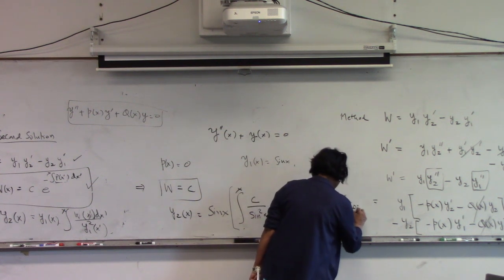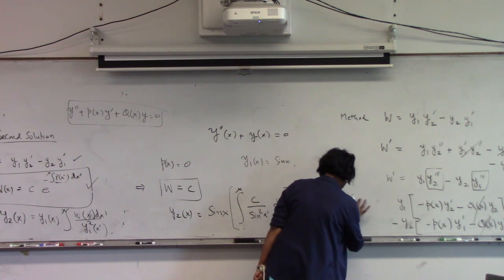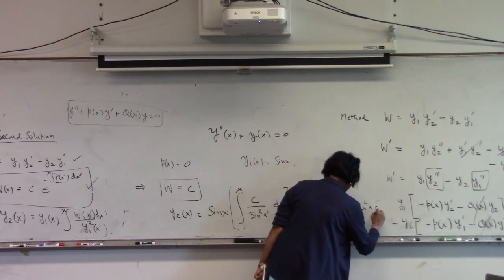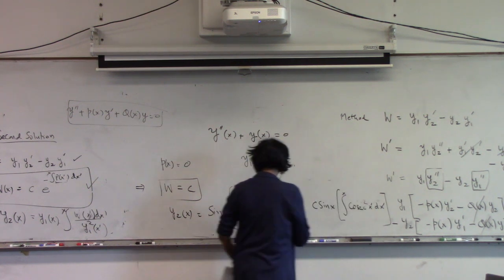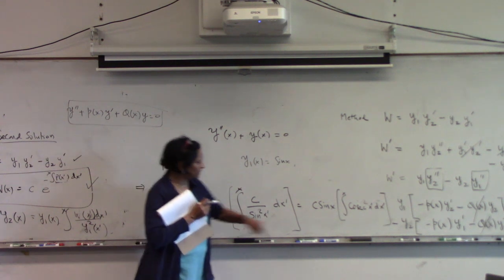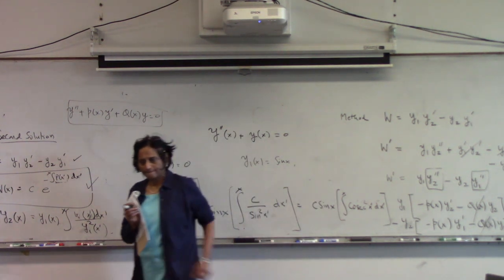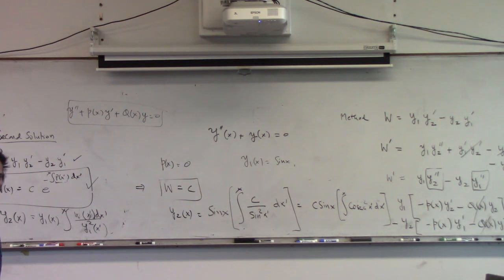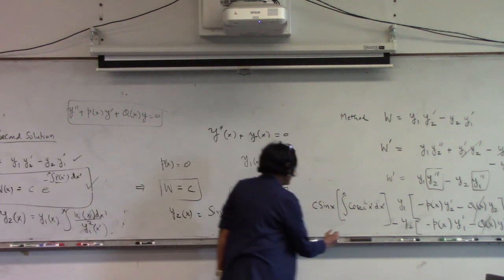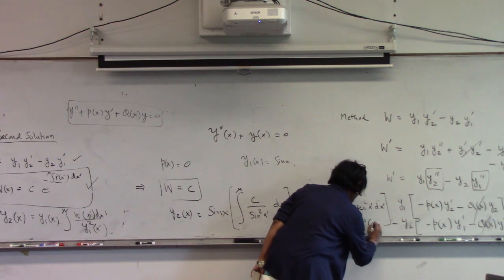And what is the integral of cosecant square x dx prime? I pull the c out. What is the integral of cosecant square? What's the function whose derivative gives cosecant square? Minus cotangent x, right? So that is cosine of x over sine of x.